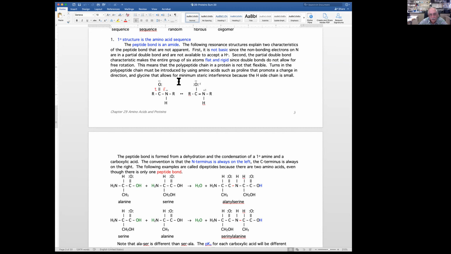Not very rigid, but rigid enough. Because of the partial double bond character right here, you've locked these guys into place. You do not have free rotation about that bond right there. So that greatly limits the flexibility of an amino acid chain in a protein.